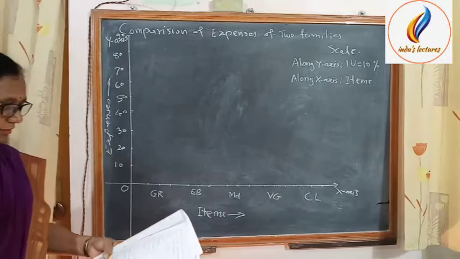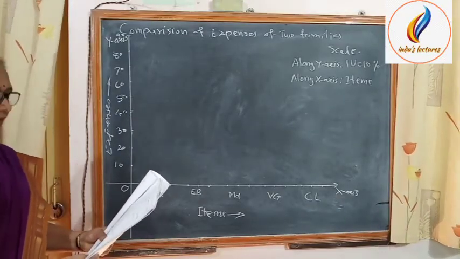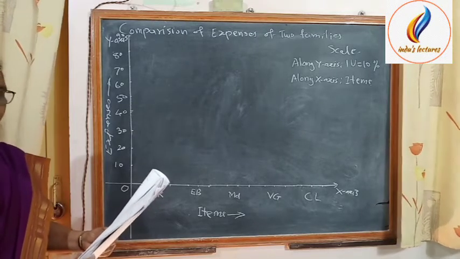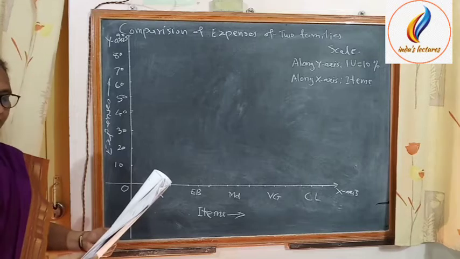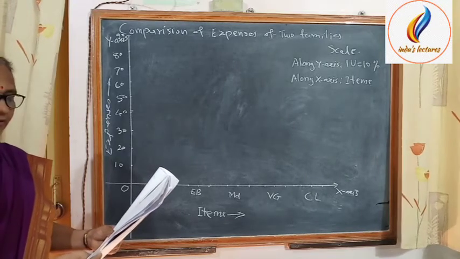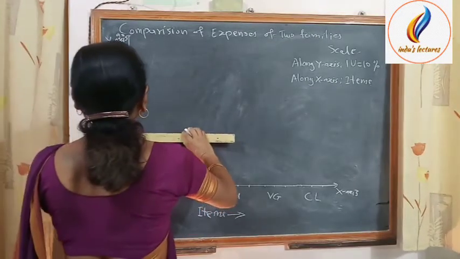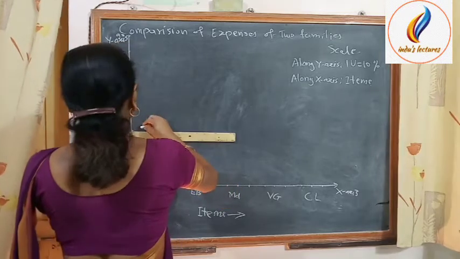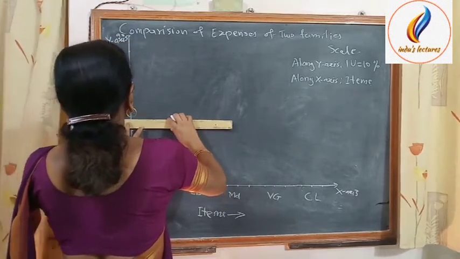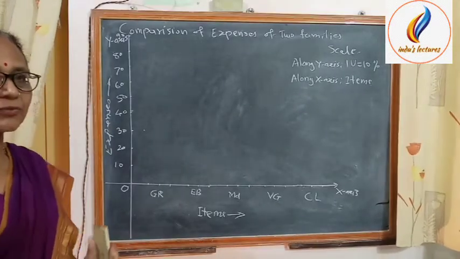Now consider the item grocery. The monthly expenses of the first family for grocery are 30.30, and 30 means we take approximately 30. So mark the point at 30. And next, for the second family, the expenses in percentage are 36.36.